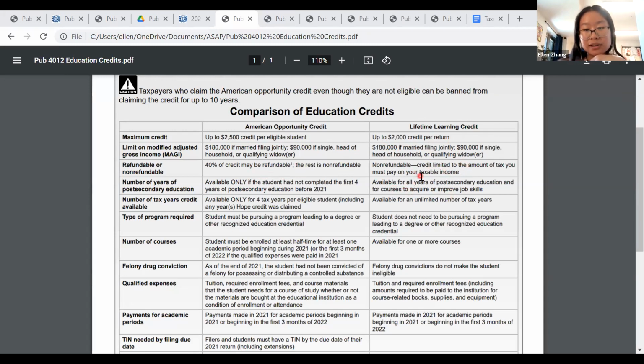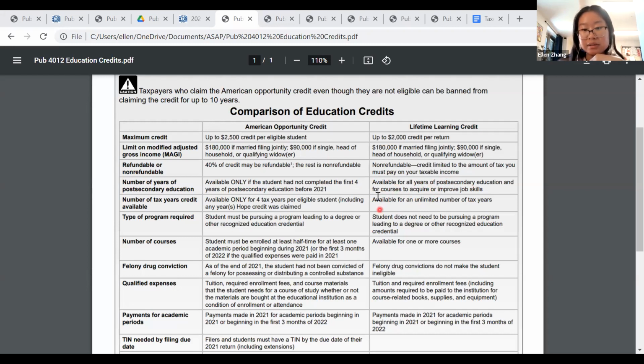But where the Lifetime Learning Credit exceeds the American Opportunity Credit is that there is no time limit on the Lifetime Learning Credit. You can claim this whenever you want, as long as you meet certain eligibility requirements below.